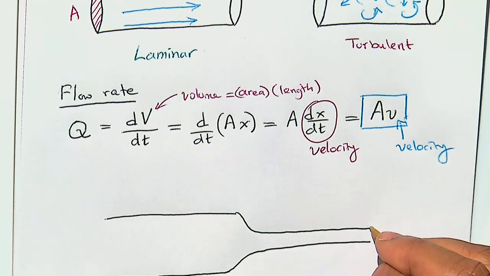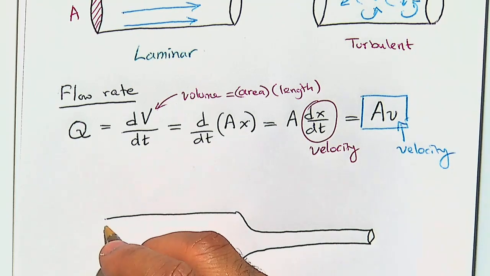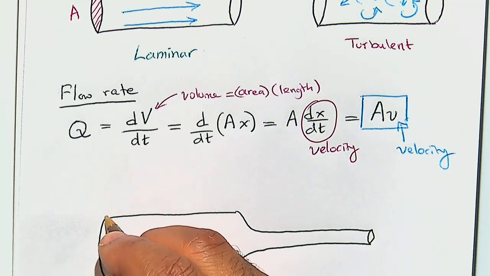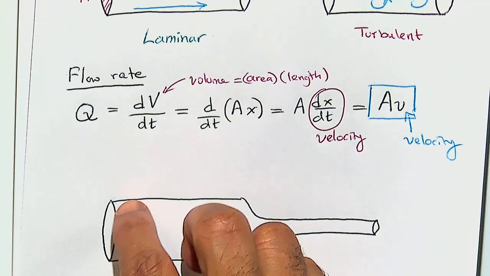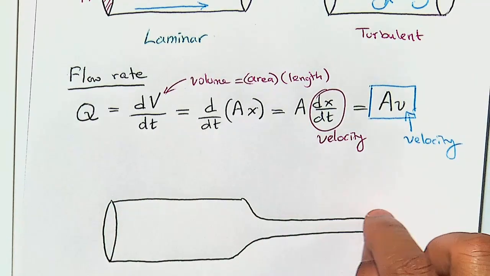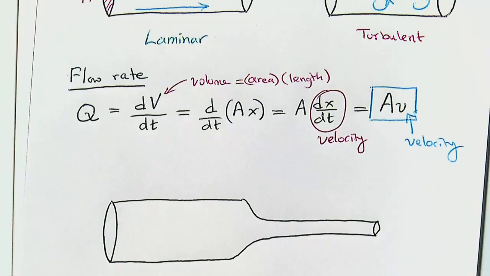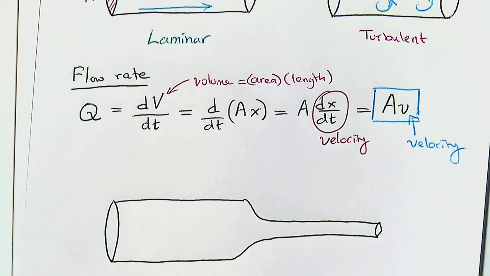What happens then, right? If you have something like that, where you have a larger area becoming a smaller area, what happens to all that's flowing through, right?